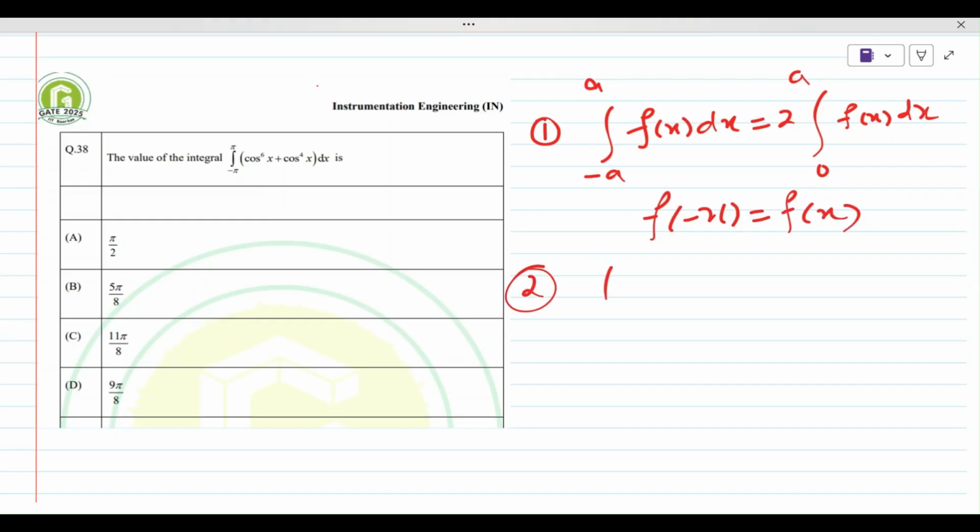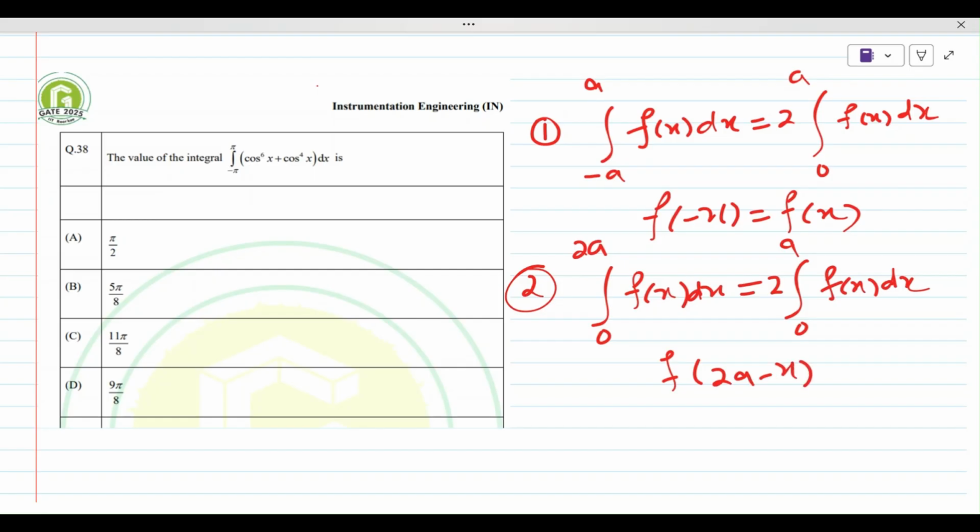The second formula: the integral from 0 to 2a of f of x dx equals twice the integral from 0 to a of f of x dx if f of 2a minus x equals f of x.